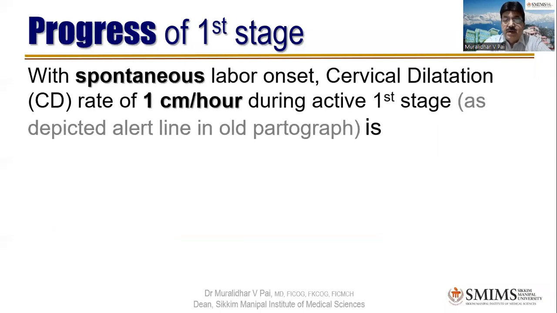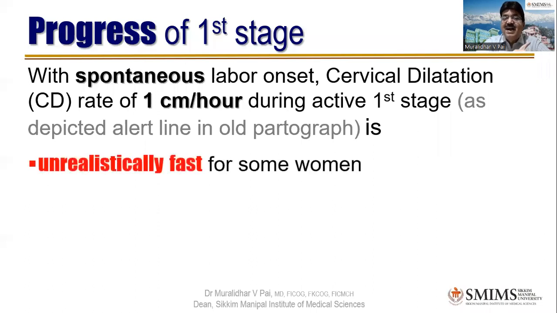The progress with spontaneous onset, because here you are not giving heavy uterotonics. Cervical dilatation rate of 1 centimeter per hour during active first stage, as depicted as alert line in old Partograph, is unrealistically fast for some women. That's what I said.